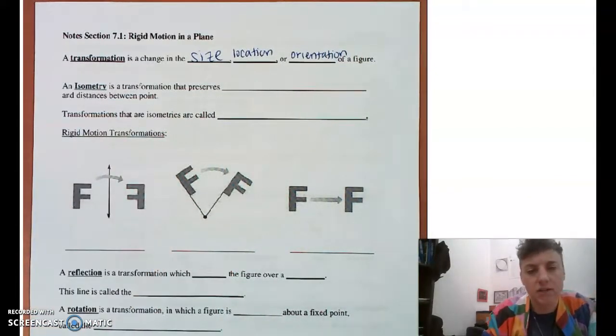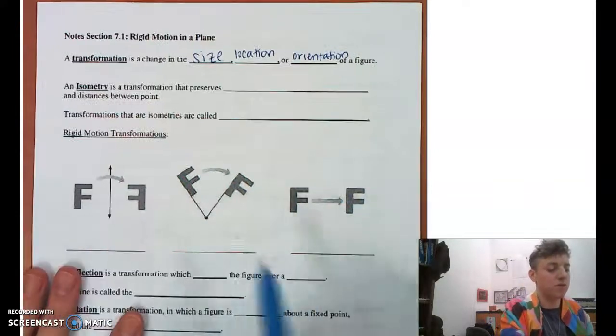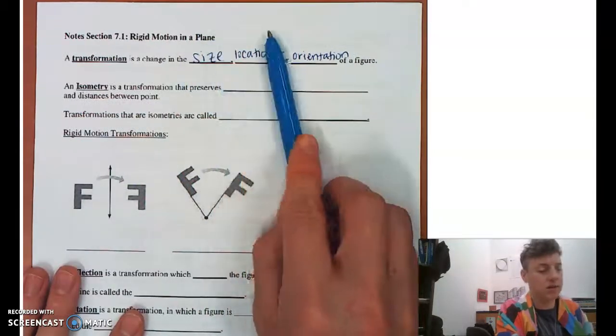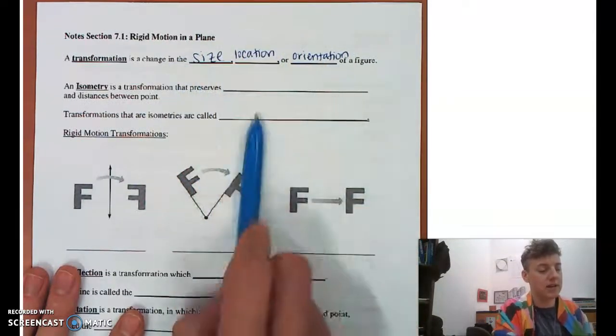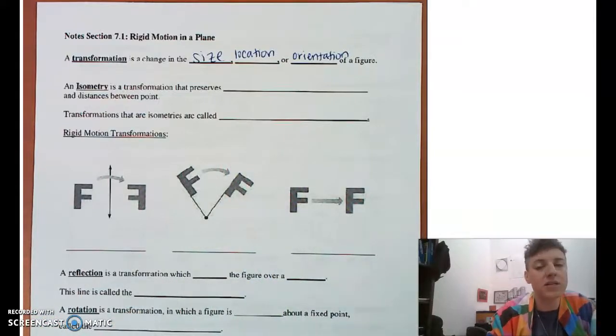Size, that one's pretty obvious. We can make it bigger or smaller. Location, we can move it around on the flat surface, aka the paper. Or orientation, maybe we flip it around, maybe we flip it over itself. We just change totally where it is in space.